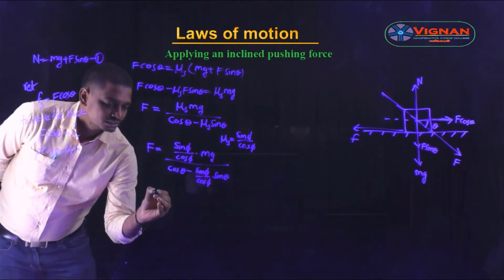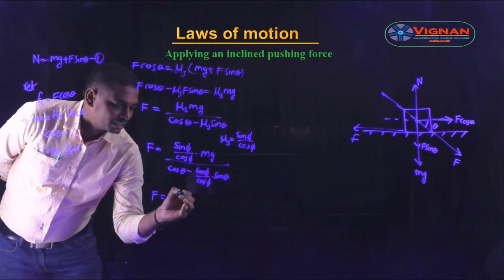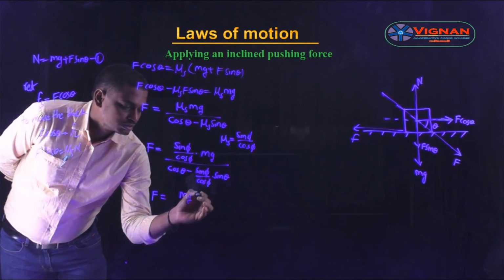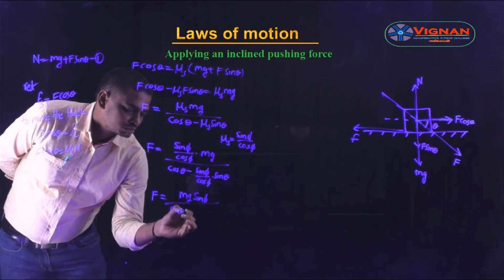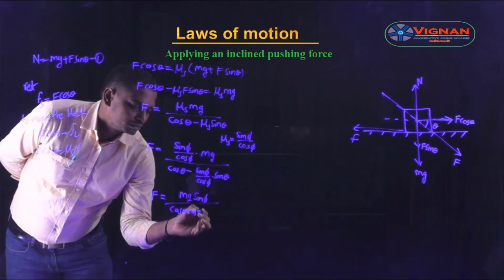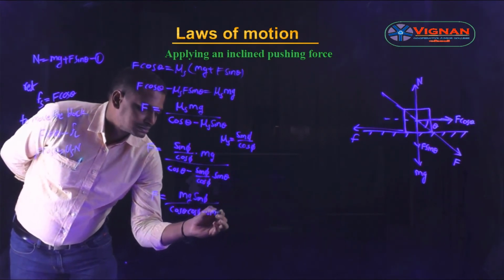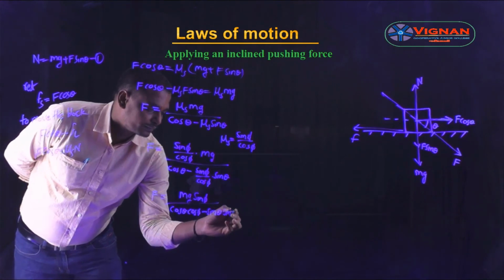On simplifying, we get mg sin phi by cos theta cos phi minus sin theta sin phi.